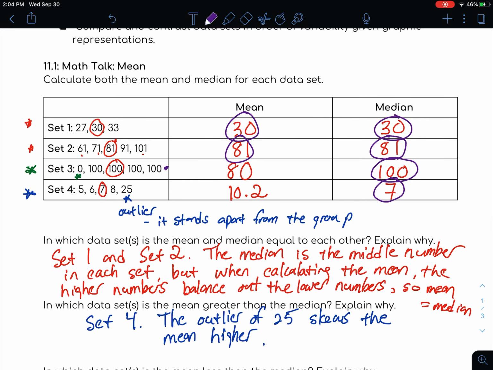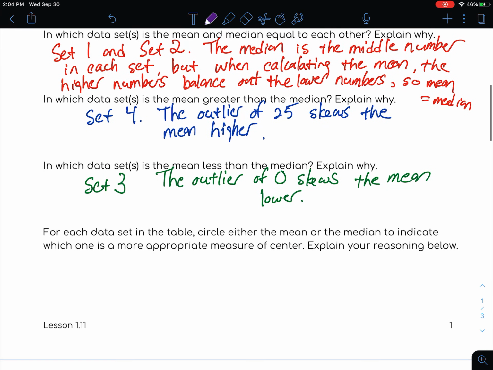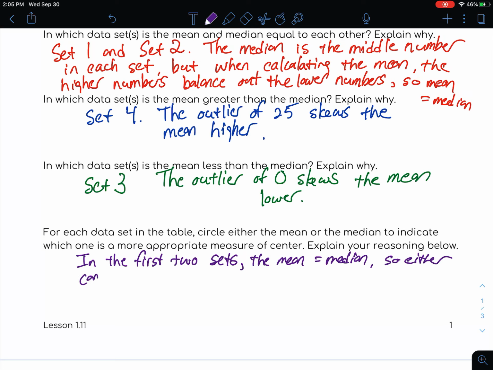And same thing in the last one. If there's an outlier, the median is going to be the better measure of center. All right, that's more of an indicator of where the middle is. All right, so in the first two sets, the mean equals the median, so either can be used.